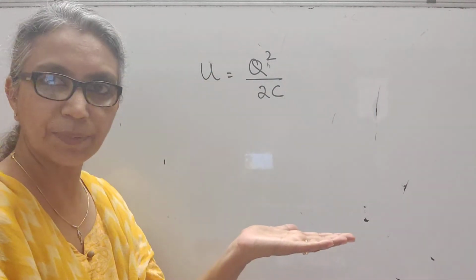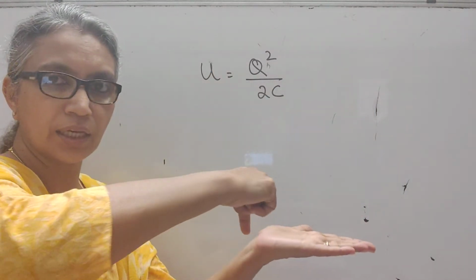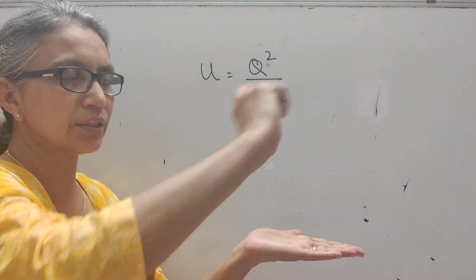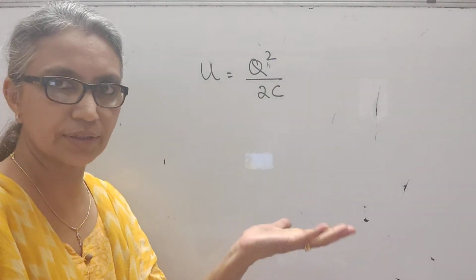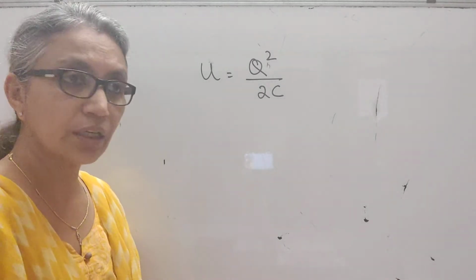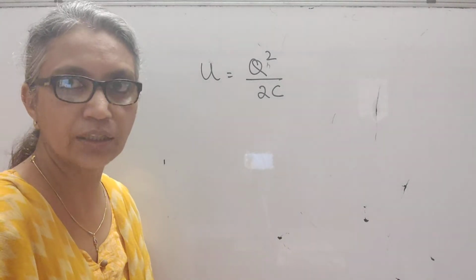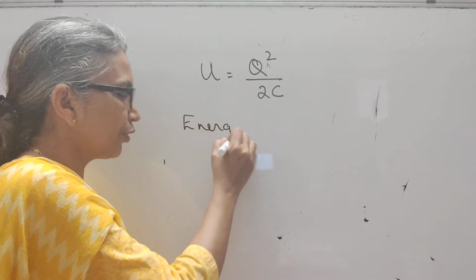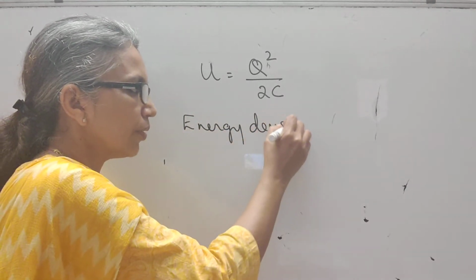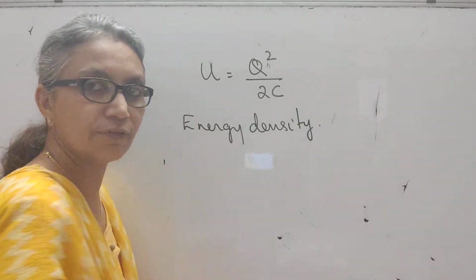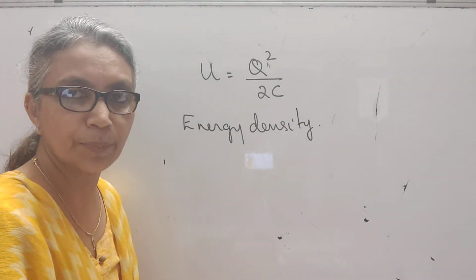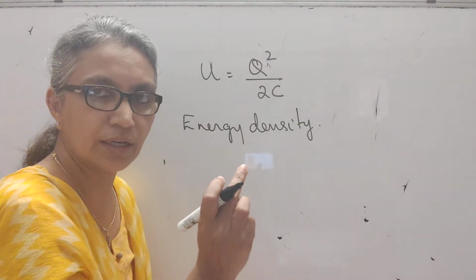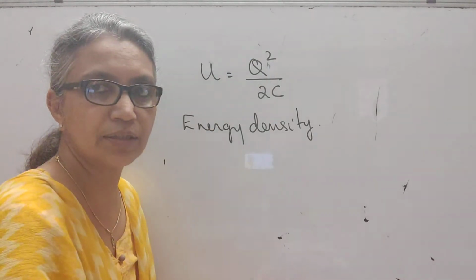So the volume of any capacitor will be plate area A multiplied by the distance between the plates, which is the height of that cylindrical volume. So base area into height would be A into D. Whenever we are talking about energy density of a capacitor, we are talking about the energy stored in unit volume, where the volume of the capacitor is plate area A multiplied by the distance between the plates D.